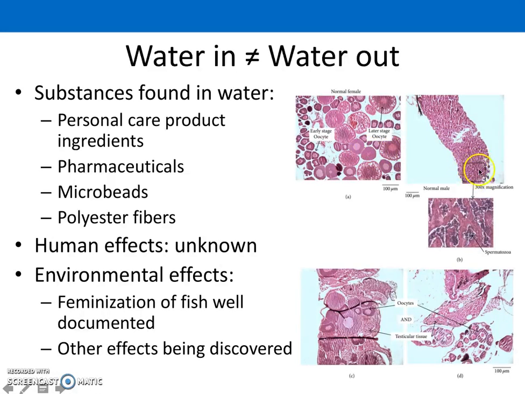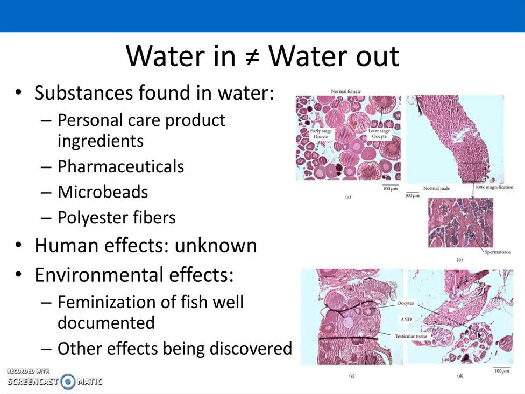Next to that we see normal male testes tissue. Then down on the bottom we see a feminized male tissue from its testes. Here we have testicular tissue, which is the normal tissue that should be there. But we also see developing oocytes, or eggs, in that male testes. That's what we mean by feminization of fish.